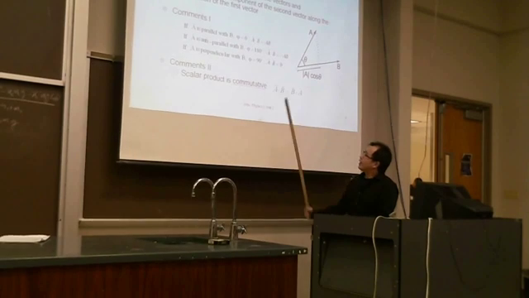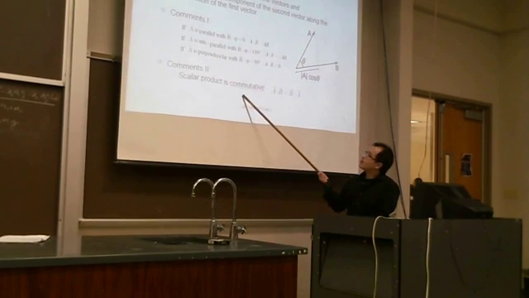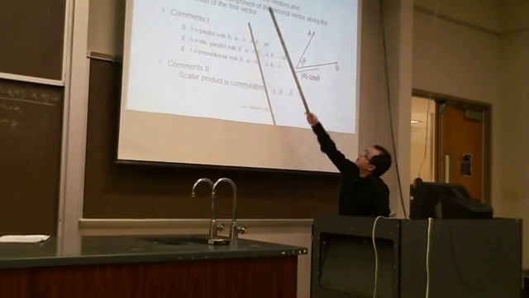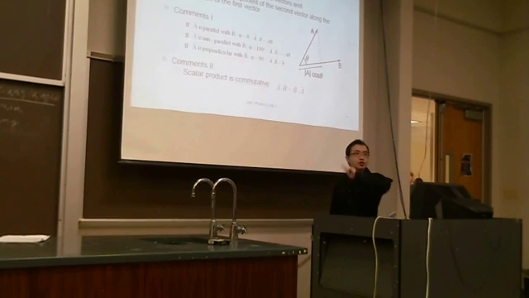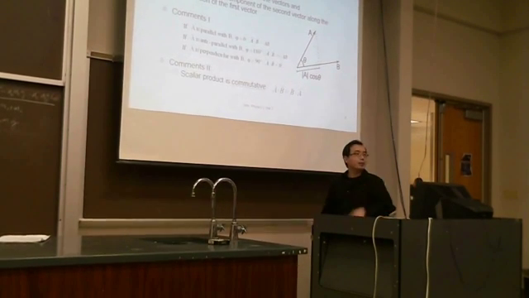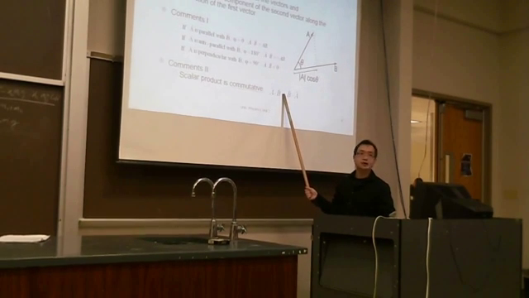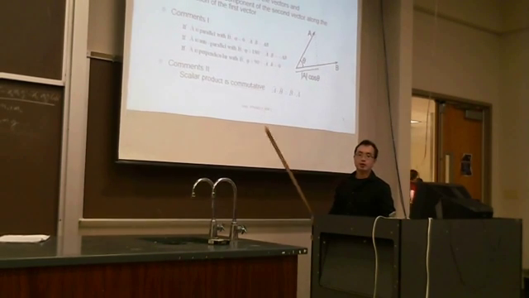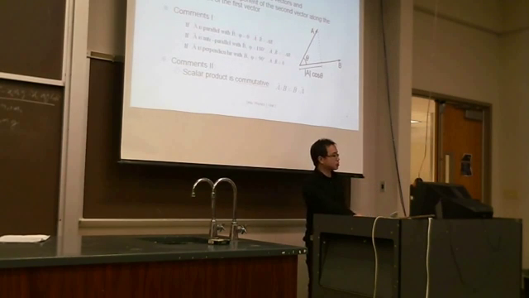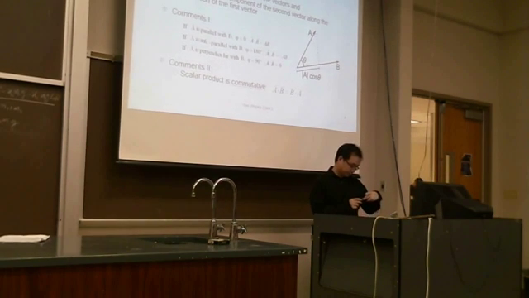And another thing, scalar product is commutative because it's A multiplied by B cosine theta. If you switch it, B multiplied by A multiplied by cosine theta, same thing. So it's commutative. But cross product is not commutative. Okay? So this is the part that we'll stop here.